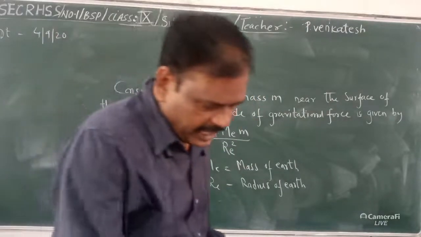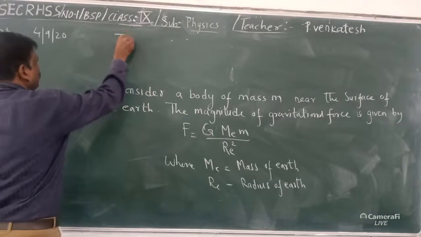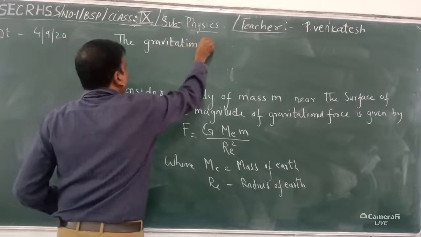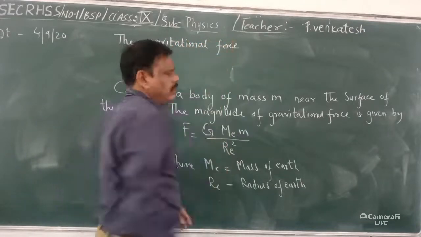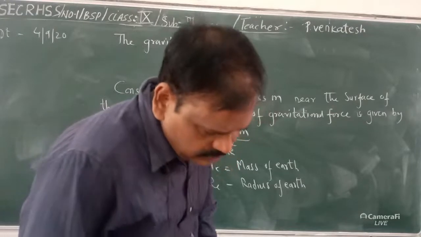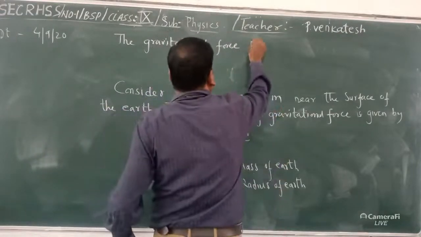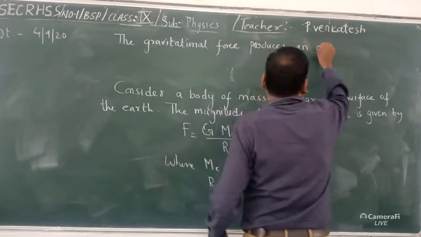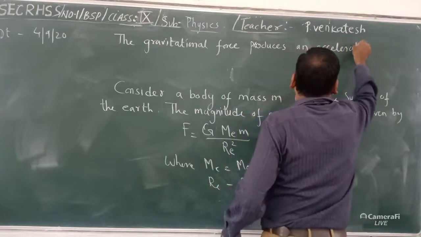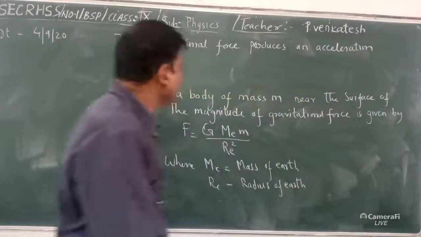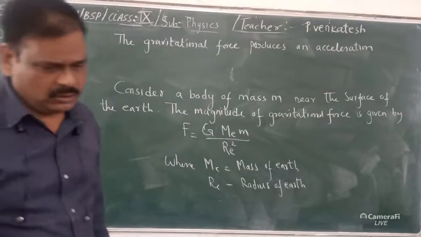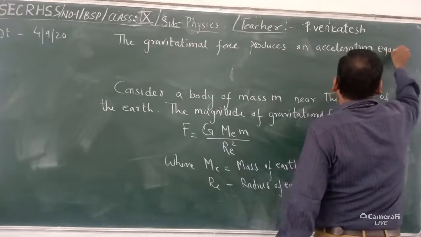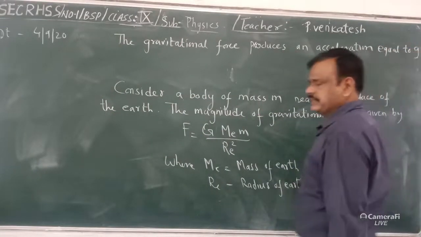Now see here, the gravitational force produces an acceleration, which is equal to g.